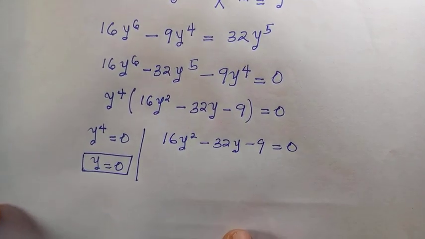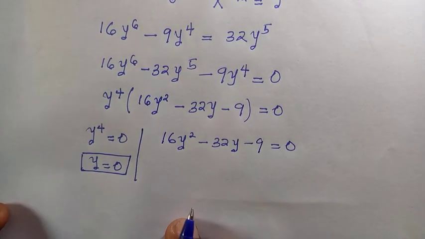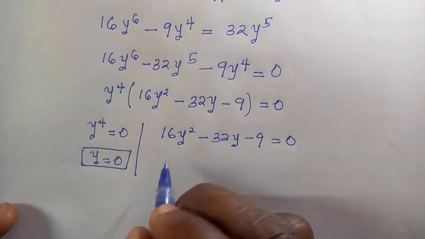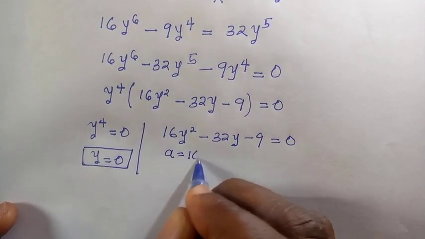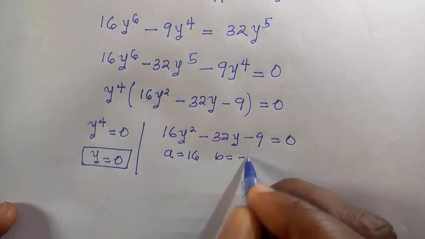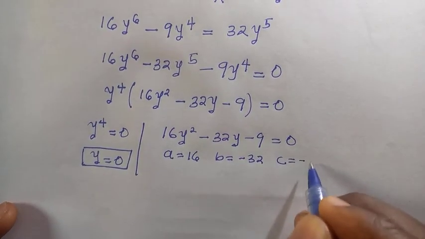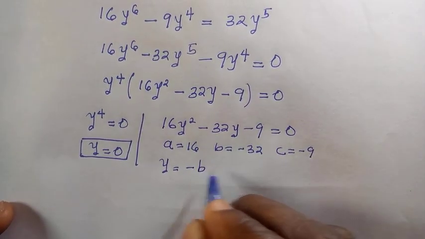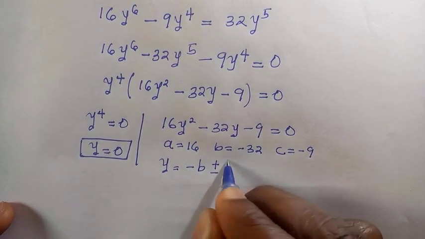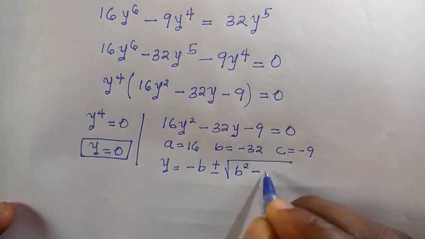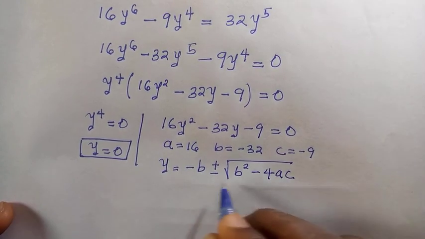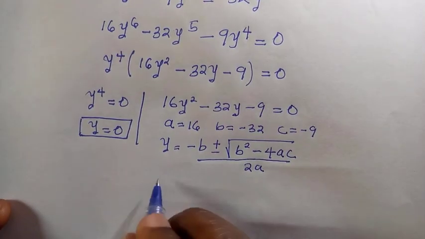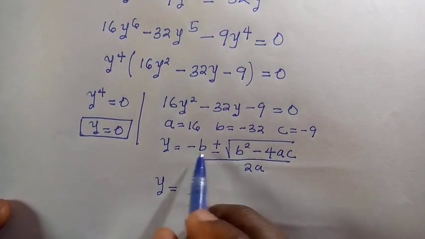And here is a quadratic equation, which you can solve by the quadratic formula. We know from this the coefficient of y squared is a, which is 16, b is negative 32, and c is minus 9. Then by applying the quadratic formula, which is minus b plus or minus the square root of b squared minus 4ac, everything divided by 2a, we start plugging all these values in this formula.